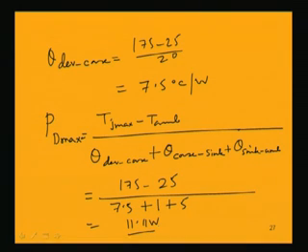Although the maximum rated power is given as 20 watts. So, although rated power is 20 watt, the safe power limitation is less than rated power, as is seen here. 11.11 watts is the safe power dissipation, which is found using the sink parameters.